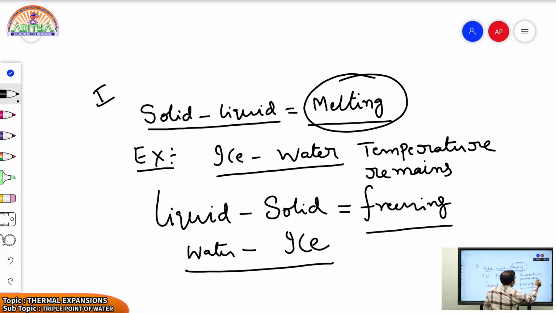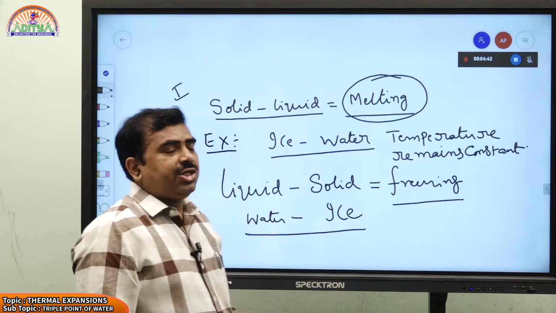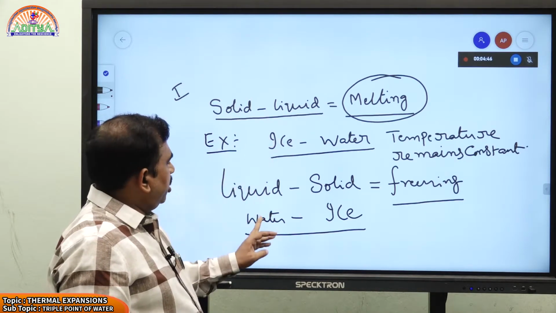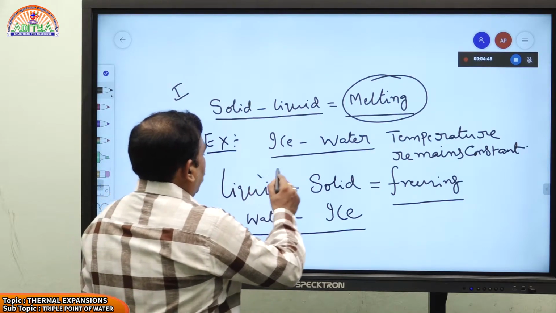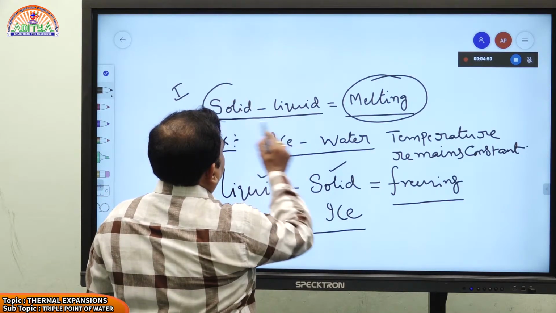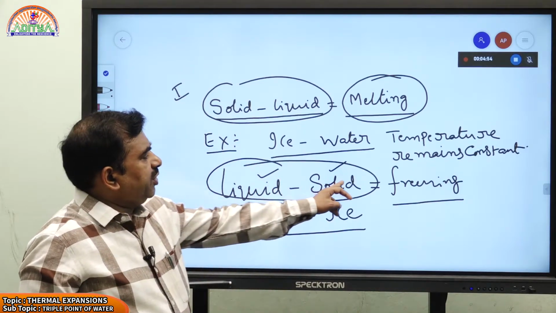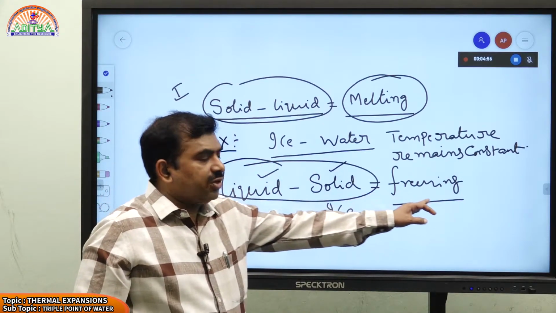Look, very clearly, very specifically I am representing. Temperature remains constant. Now here, heat will be absorbed. In this process, solid is converted into liquid. Now in the second process, look, liquid is converted into solid. That one is called freezing.